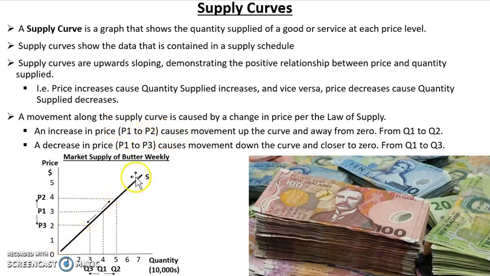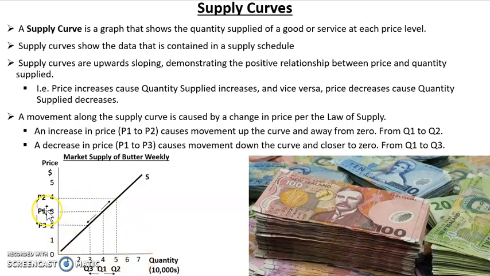If we cast our eyes down to the market supply of butter weekly, we'll see that the supply curve is an upward sloping curve heading in the opposite direction, you could say, to our demand curve, in the sense that quantity on our x-axis here increases along with price increasing. Our demand curve went the other way, in terms of price decreasing bringing about an increase in quantity demanded.